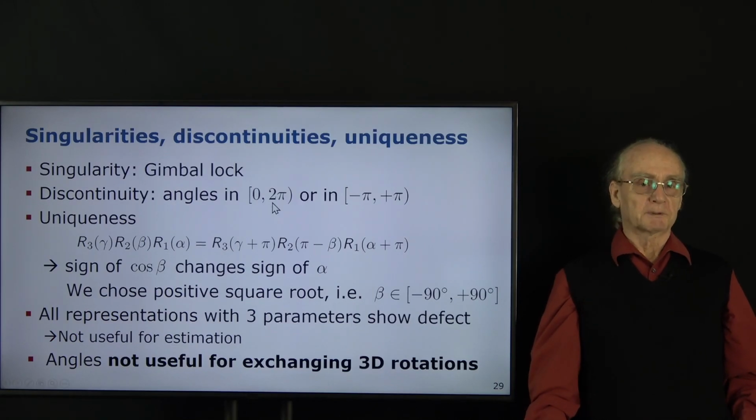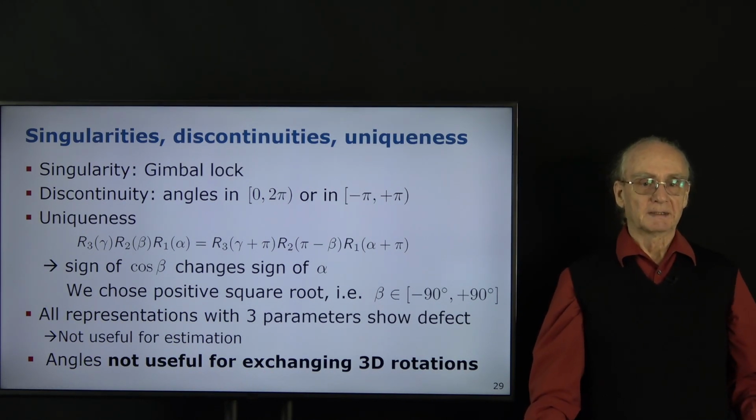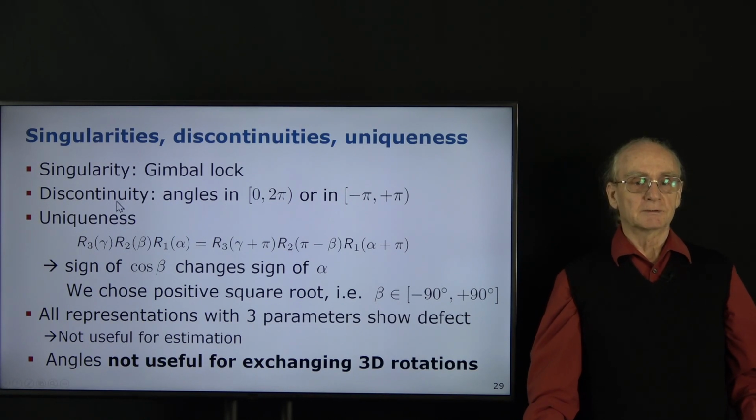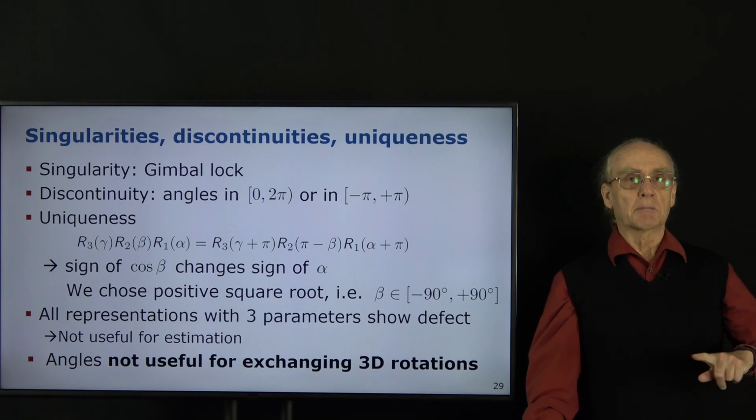So what are the properties of this representation? We talk about singularities, discontinuities, and uniqueness. So what we learned is that there's a singularity, namely the Gimbal Lock. This holds for all cases where we have three Euler angles. In all cases this will happen. Then we have a discontinuity. This is the same as if you describe directions in the plane.